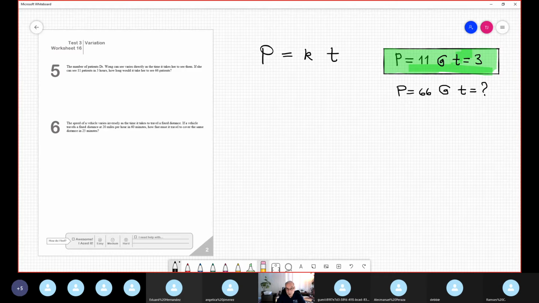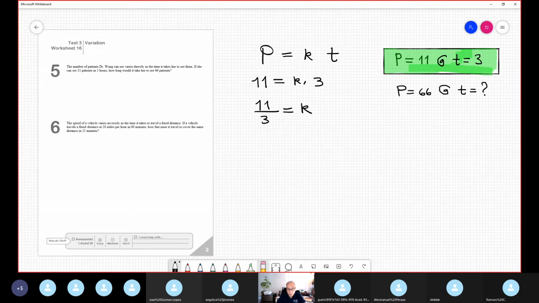You plug in the condition that's given, 11 here, equals the constant times 3. So 11 over 3 is my constant.